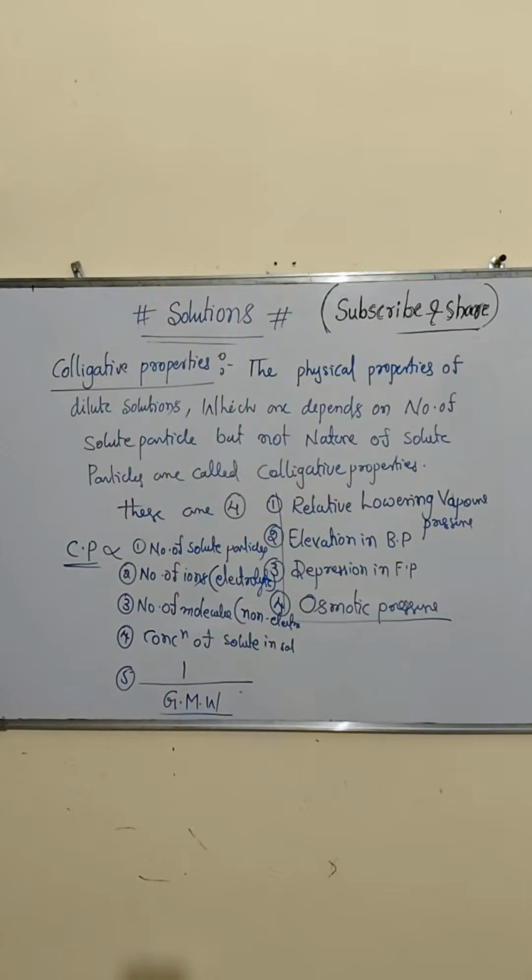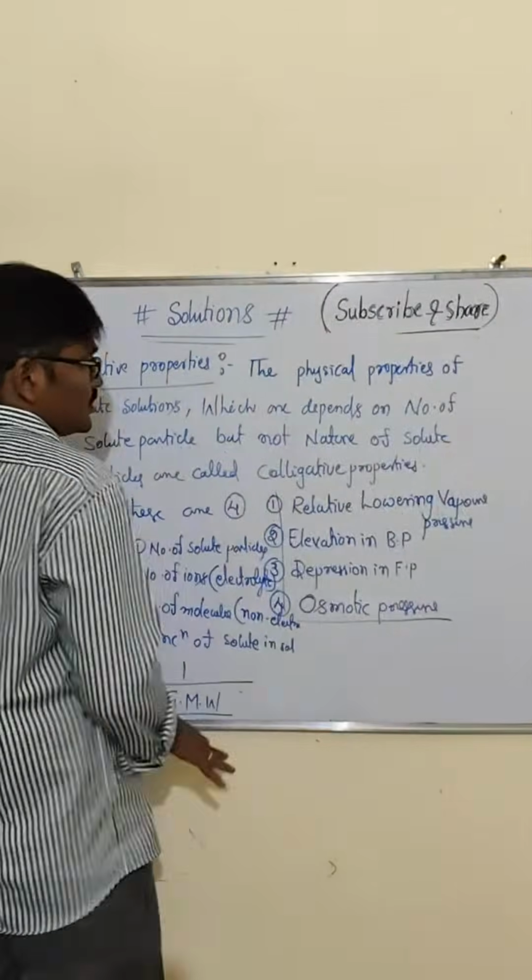Remember, my dear students. So whatever the points, number of solute particles, number of ions, number of molecules, then gram molecular weight, all these colligative properties depend upon the number of particles.